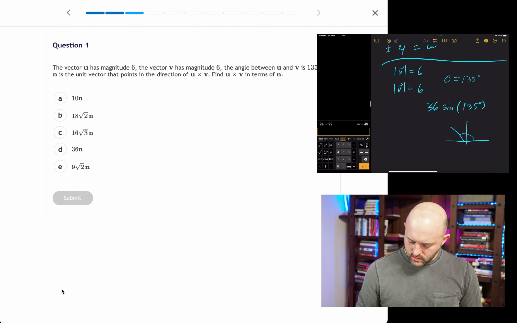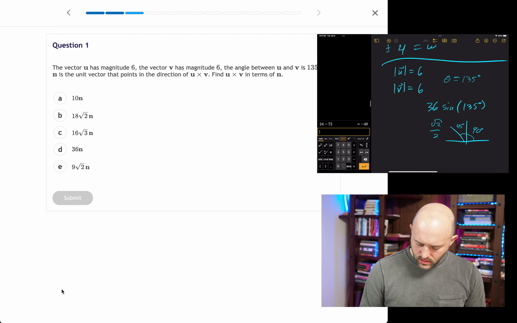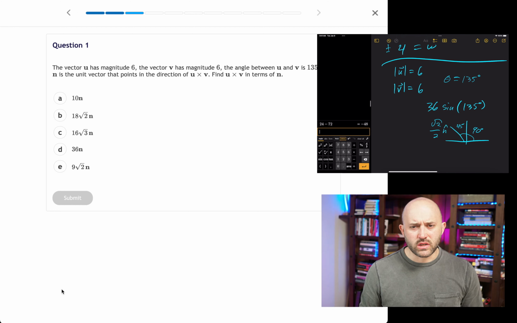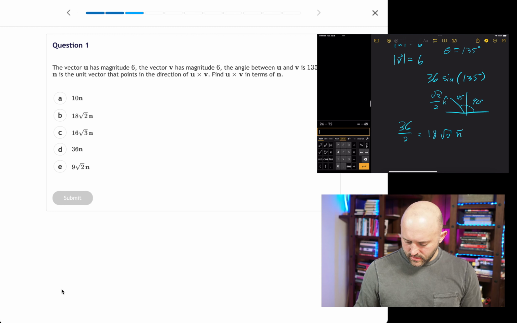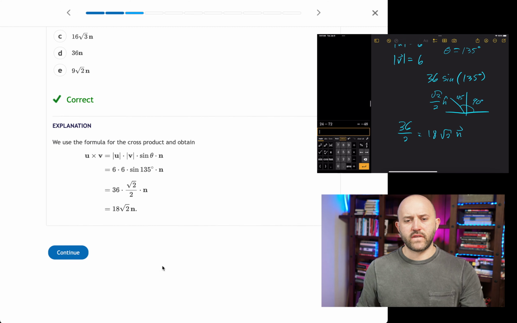This is 45 degrees, and this is 90 degrees, so the sine is root 2 on 2, and it's positive here. So 36 times root 2 on 2 n hat. I'm just writing n as a vector right now, but it's a unit vector, so that's okay. So 36 over 2 is 18, times the root of 2, n vector. Final answer.